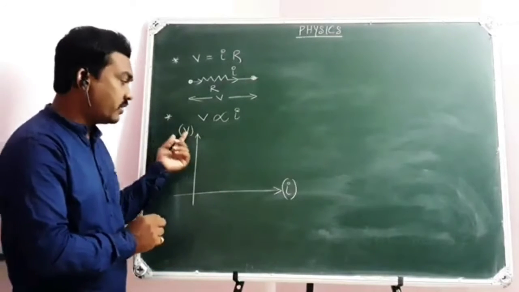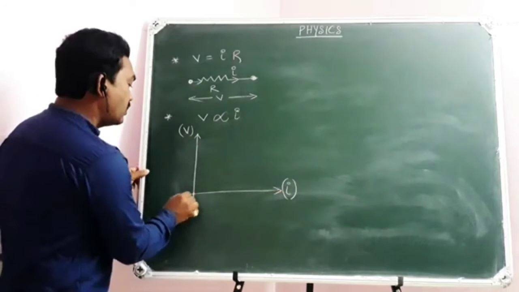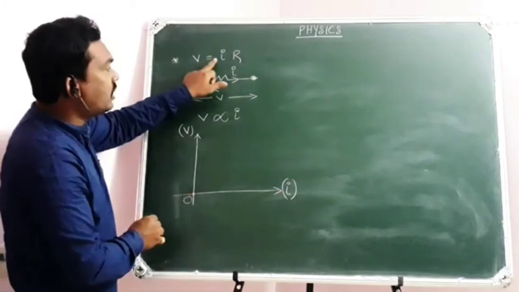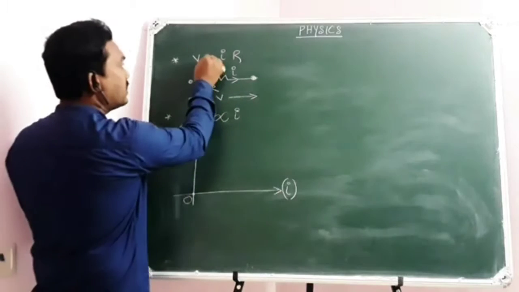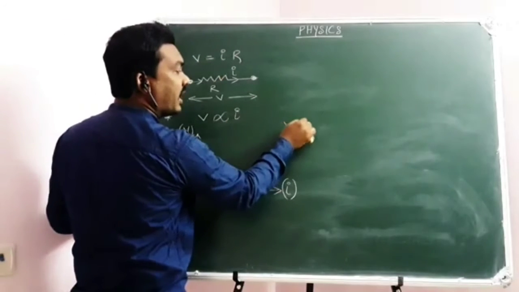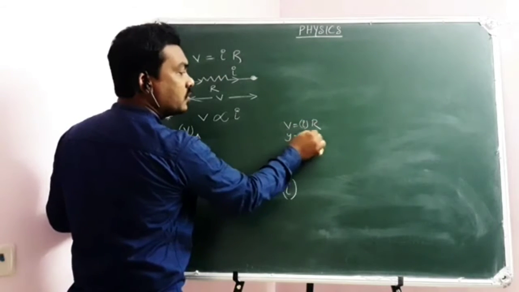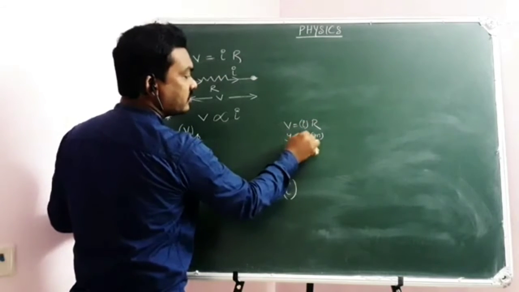So it is a potential difference versus electric current graph. Here you are seeing V equal to IR, which resembles a basic mathematical equation. V equal to IR represents y equal to mx.